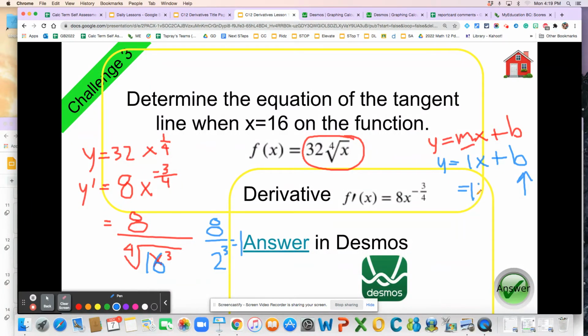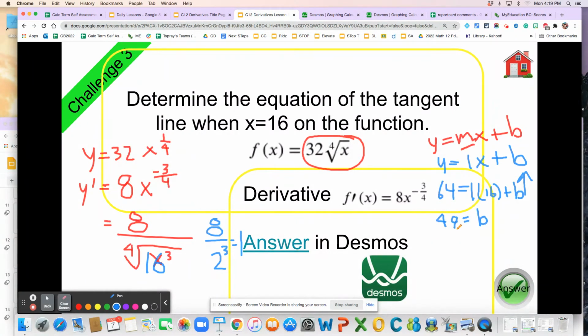I know x is 16, so I need to figure out the y value. I'll take the 16 and put it in the original equation. The fourth root of 16 is 2. 2 times 32 is 64. So 64 equals 16 plus b, therefore b equals 48.